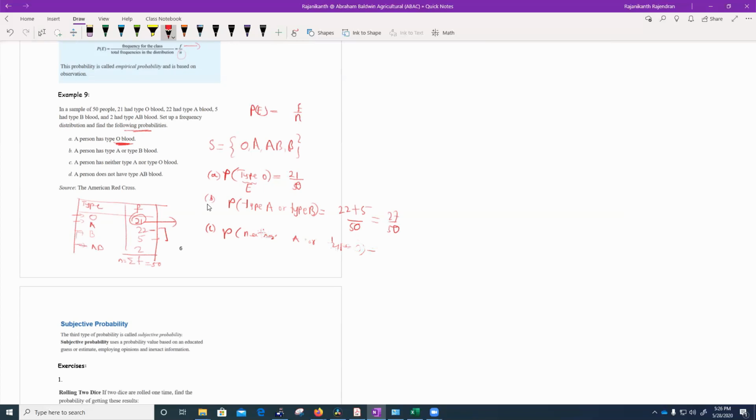B and AB are 5 and 2. So simply add them out of 50. That is 7 over 50.